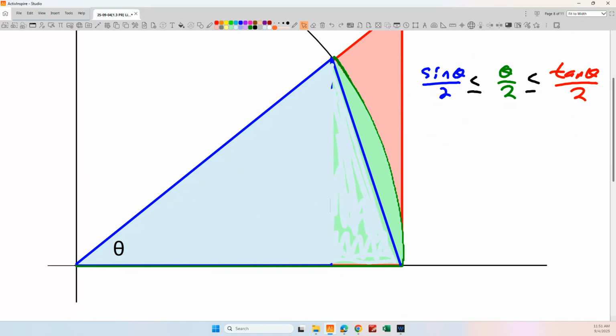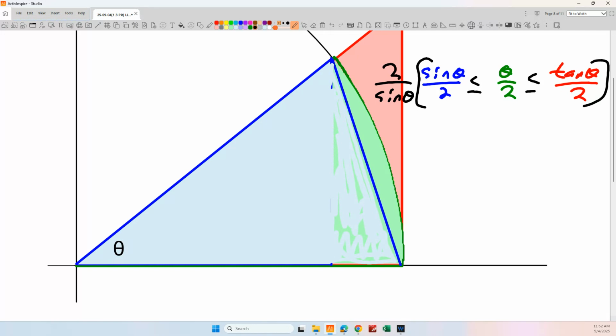Or its reciprocal. So wouldn't you try to take theta out of the problem? We can't take theta out of the problem. Sine and tangent, those could be messed with, right? What if we were to multiply the entire thing through by 2 over sine theta?